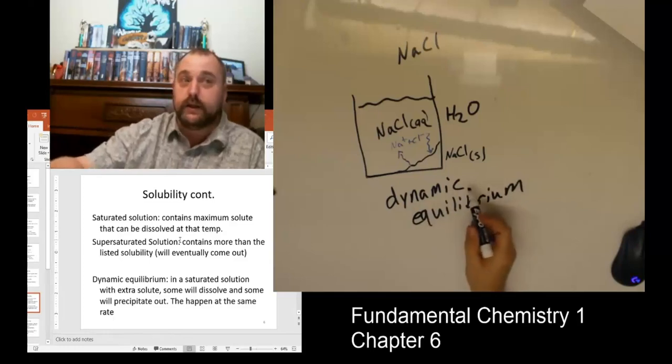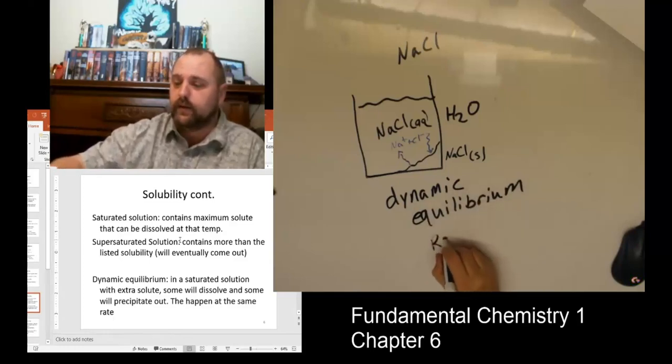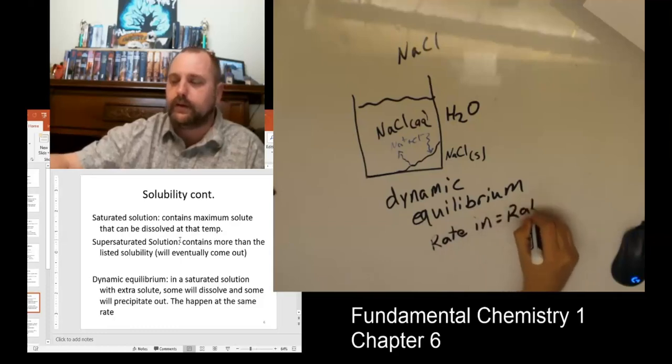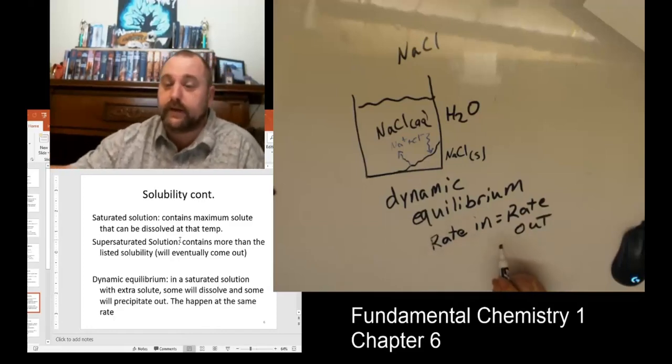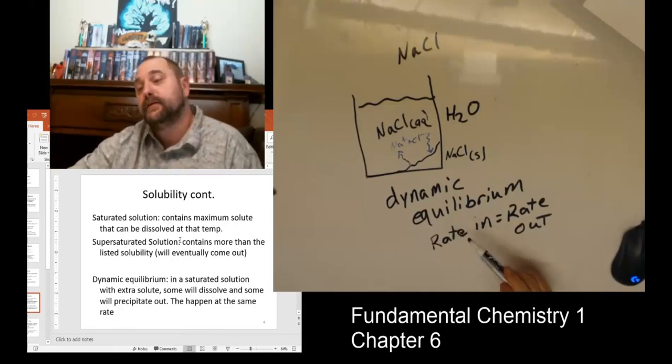Dynamic means we can change it. Equilibrium means the rate going in is equal to the rate going out. Now, rate is speed. And so how fast things are going into solution is as fast as they are coming out.